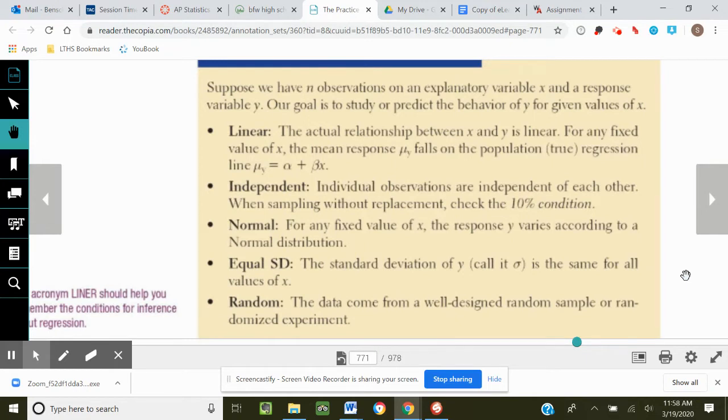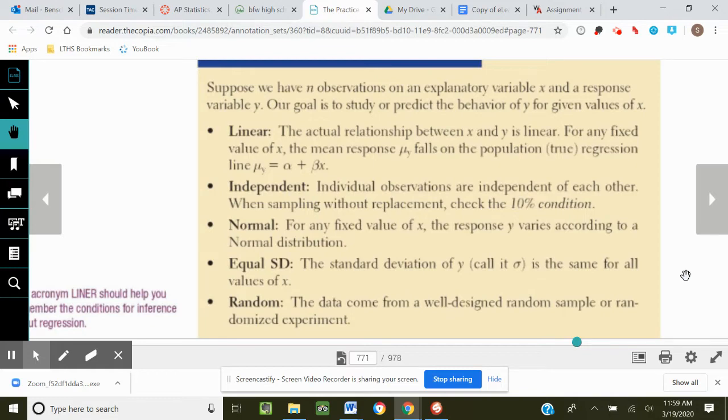It'll be as simple as that for the normal condition. For equal SD, we talked about this. For each X value, we would want the spread of the Y values to be pretty constant. The residual plot will tell us that. We'll talk about that here in just a second. And then the random condition, which you know about. Data has to come from a random sample or a randomized experiment.